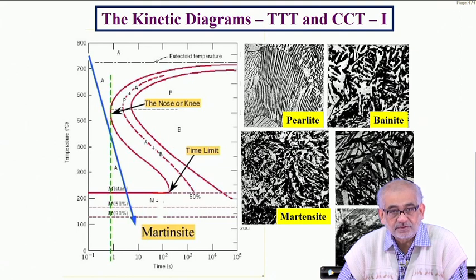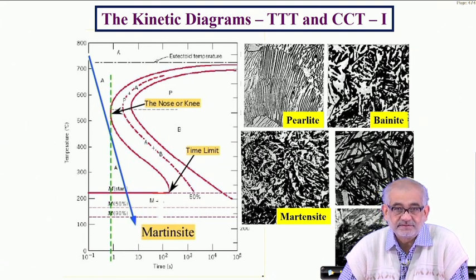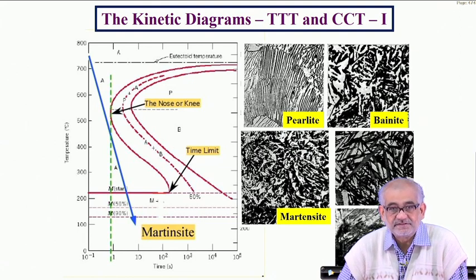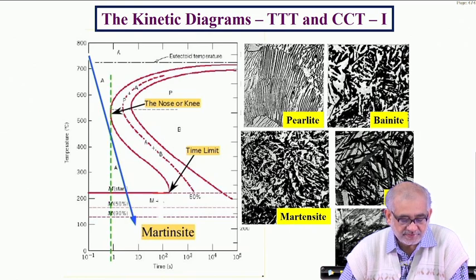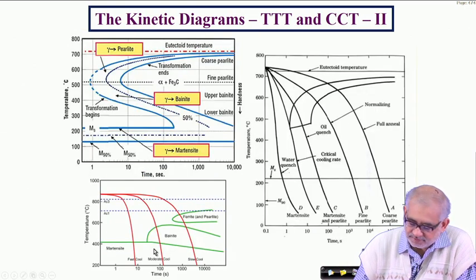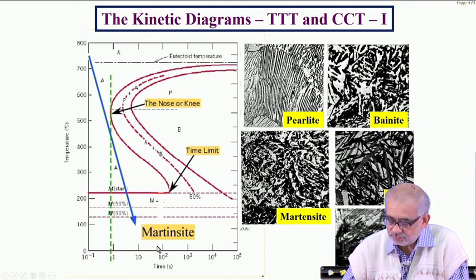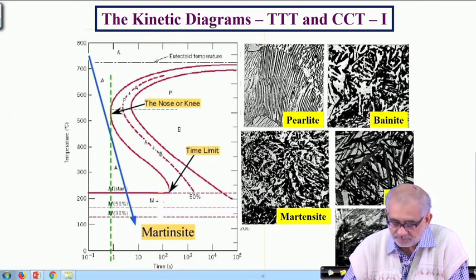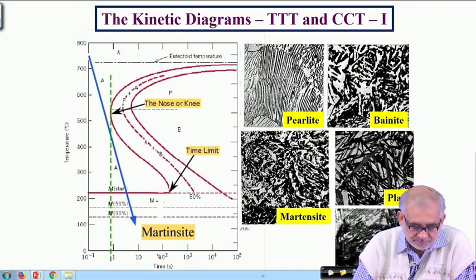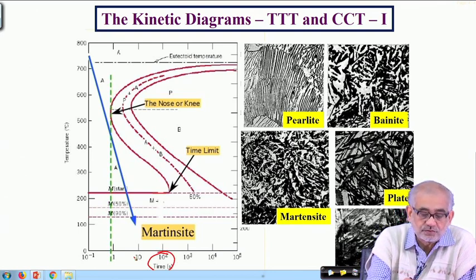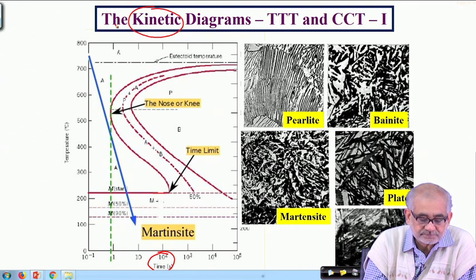But then when you are talking about a transformation, you bring in the kinetic factor, which means you now need to invoke the idea of how the microstructure changes with time. So whenever you need to bring in the time component, you have to talk about the so-called kinetic diagrams.